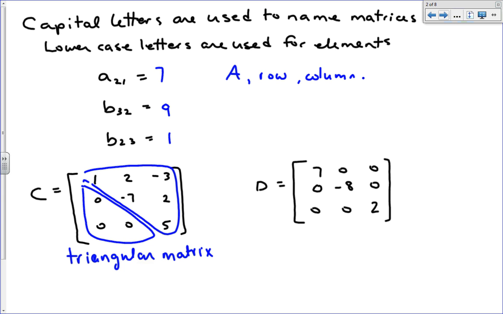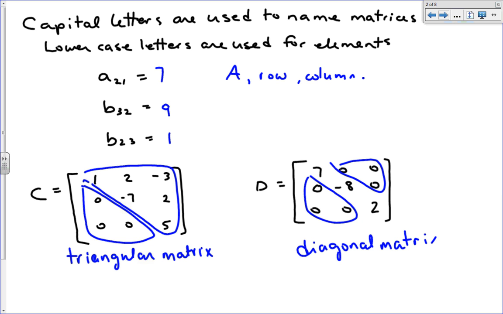Okay? And matrix D here is called a diagonal matrix because everything except for the diagonal is zeros. The importance of those will come up later when we start solving linear systems using matrices.